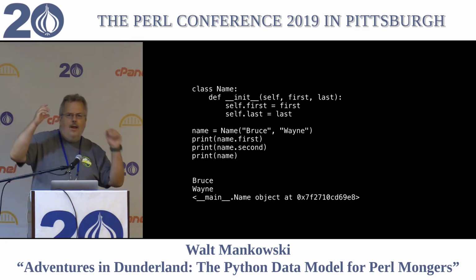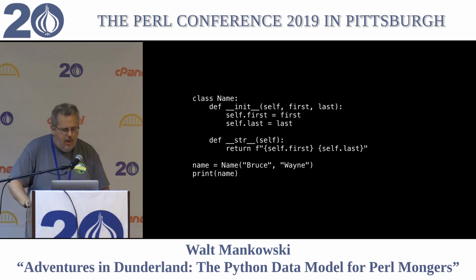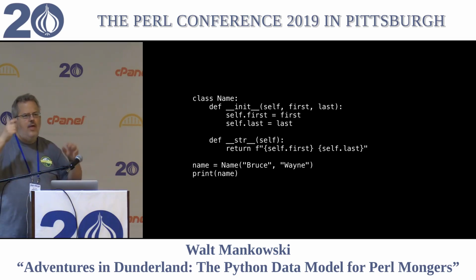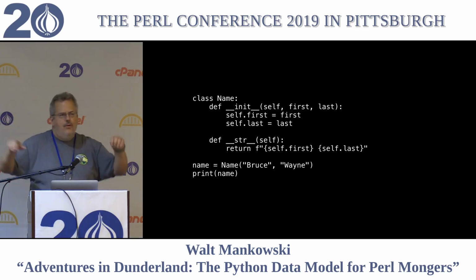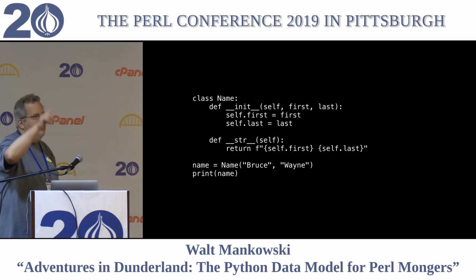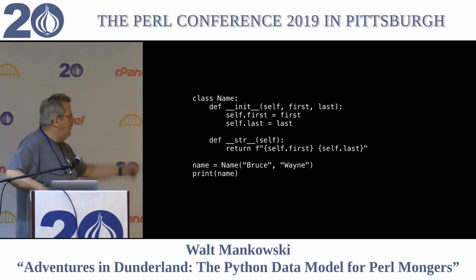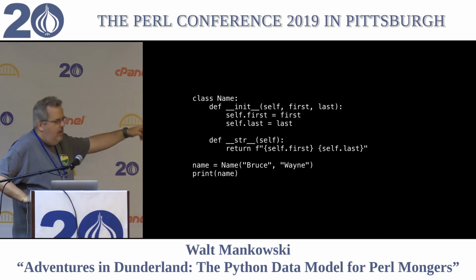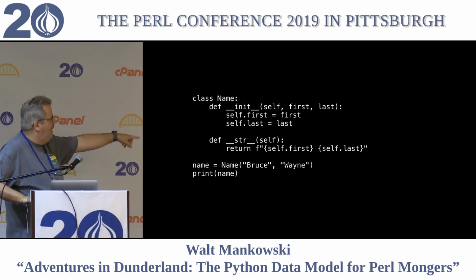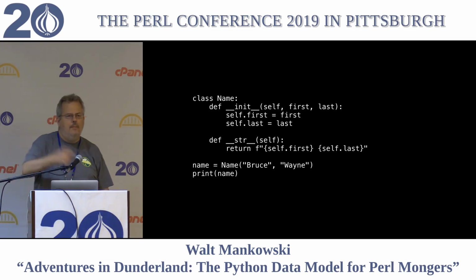So again, init is like new, and hopefully that's pretty straightforward. If we wanted to print out something other than a big ugly hex string, what you do is make another method called dunder str, whose job is to take whatever is in your class and turn it into a string in whatever way you want. In this case, that F and the double quote at the beginning is one of the new things in Python 3 that's not in Python 2.